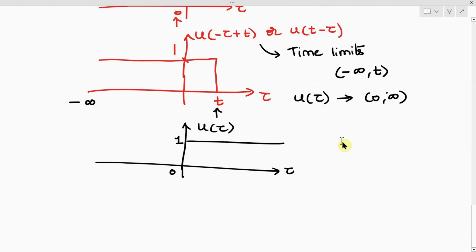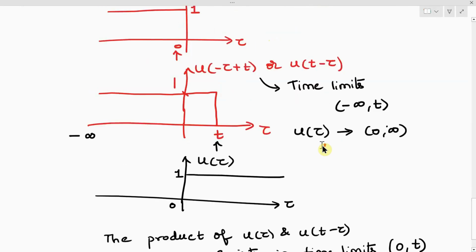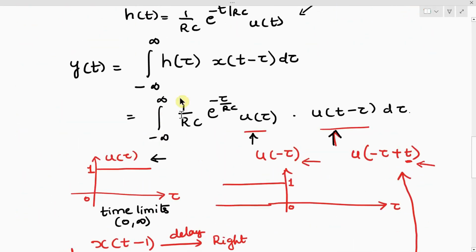Now tell me, what is the common limit in which the product exists? 0 to t. Excellent. So the common time interval where the product exists is 0 to t. That's why here the limits now will be modified from 0 to t.